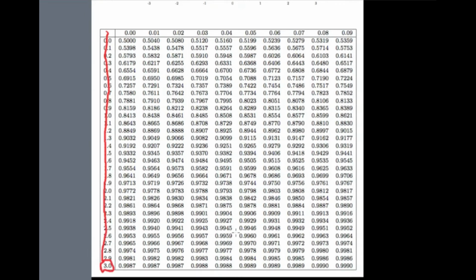So if we were to even use the bottom right hand corner of this table, which would be the largest value possible, we see that we have 0.9990, and if you remember, the standard normal table uses probability from our z value all the way to the left. So what we'll have to do is we'll have to take 1 minus this probability. So let's go ahead and do that.